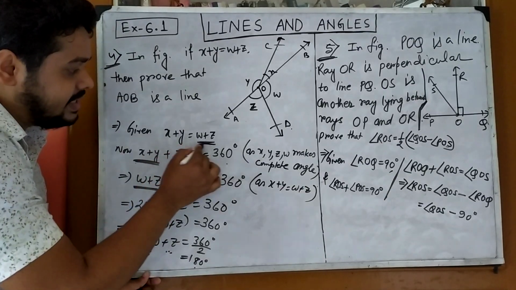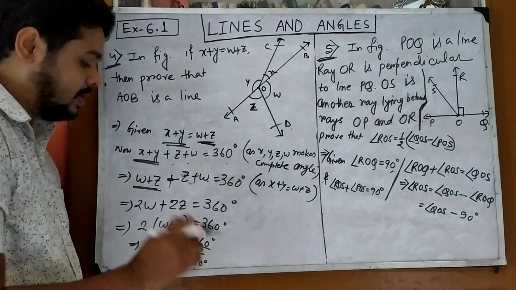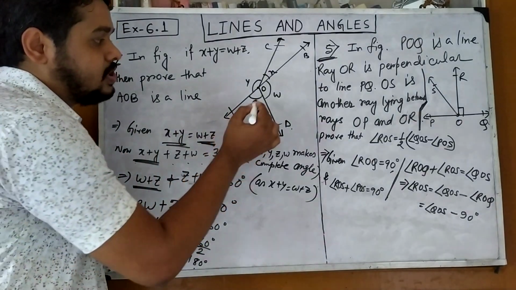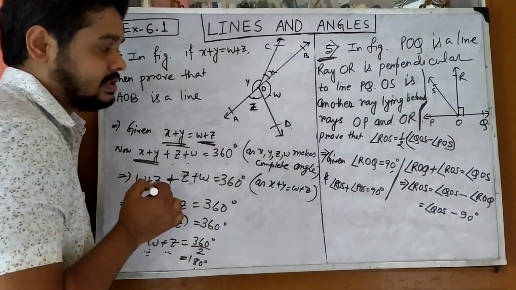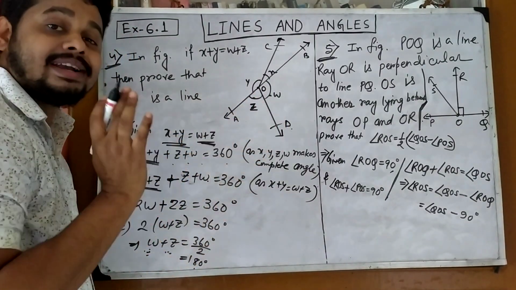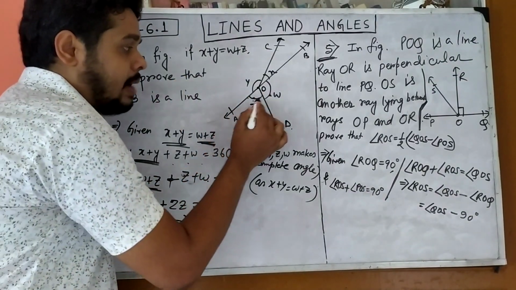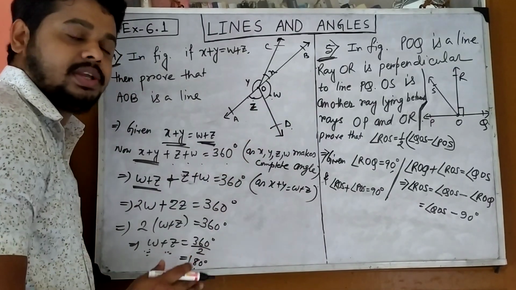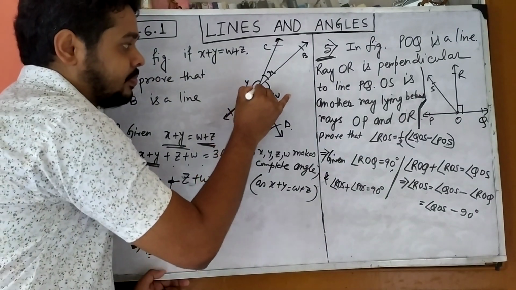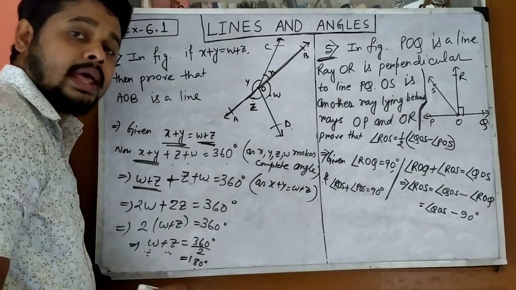So the sum of these 2 angles, w plus z, is 180 degrees. If w plus z is 180 degrees, then similarly x plus y also equals 180 degrees, because w plus z equals x plus y. Now w and z are 2 adjacent angles. If the sum of 2 adjacent angles is 180 degrees, then its non-common sides must always lie in a line.